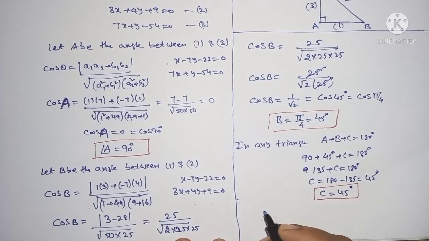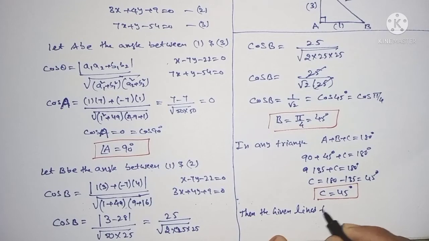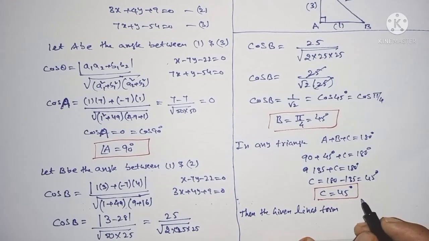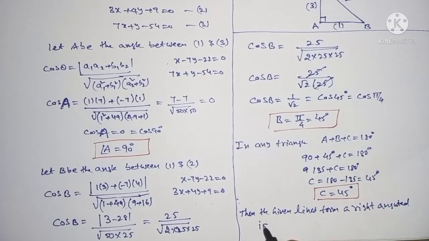Then the given lines formed a right angular isosceles triangle.